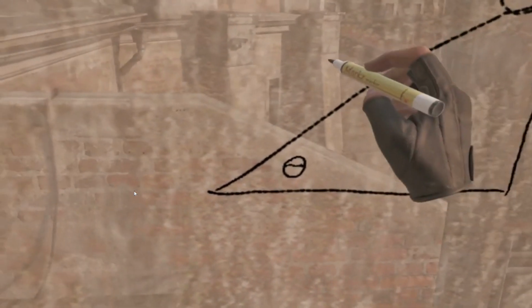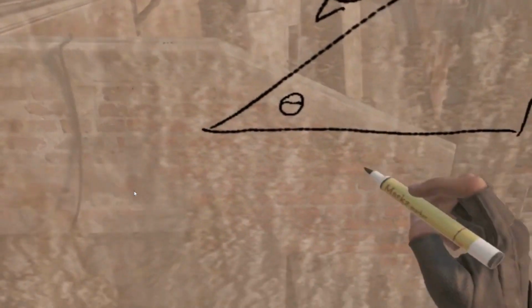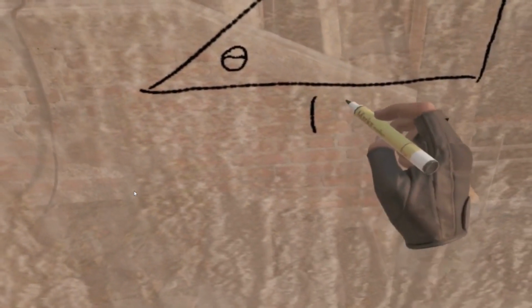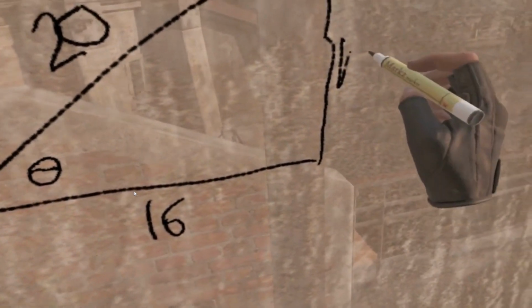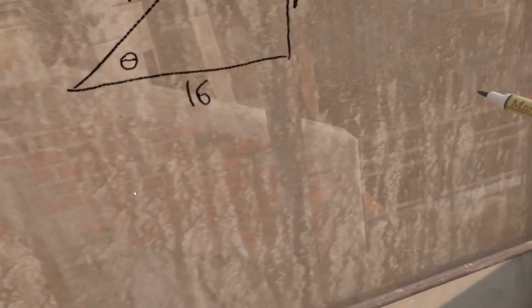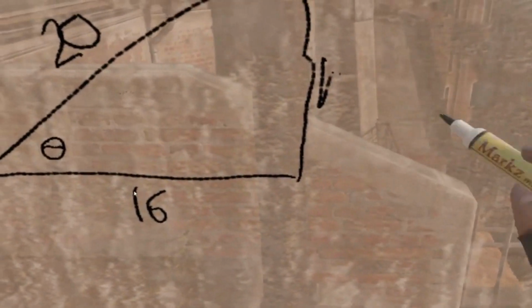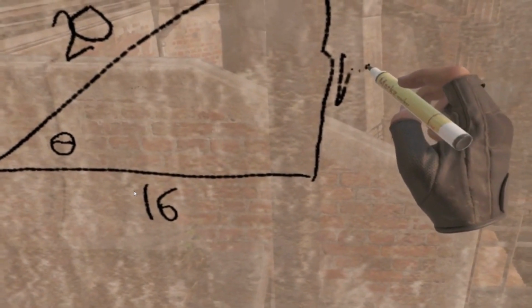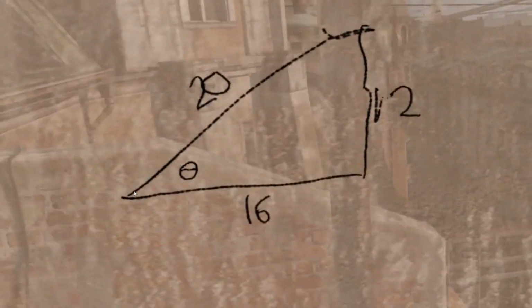Let me see what those lengths are. 20, 16, and 12. So you've got a length of 20 on this side, a length of 16 on the adjacent, 12 on the opposite. This is a little stuttery. It's just barely enough for me to do it accurately.